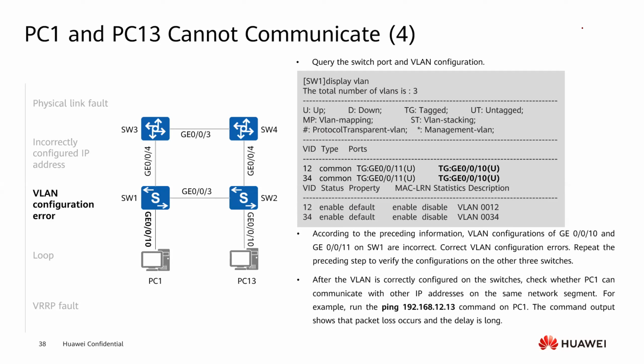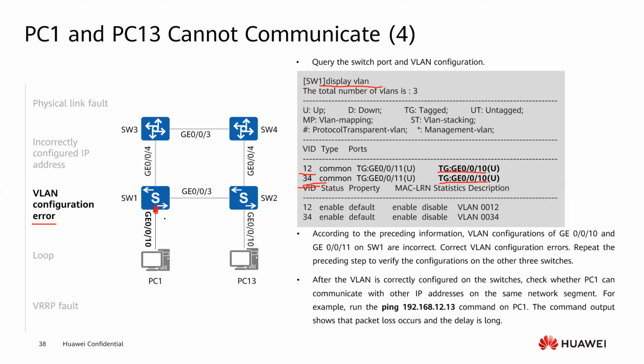Since the IP address is right, we check for a VLAN configuration error. Let's say display vlan. You can see VLAN 12 and VLAN 34. We can see tagged G0010 and tagged G0010.